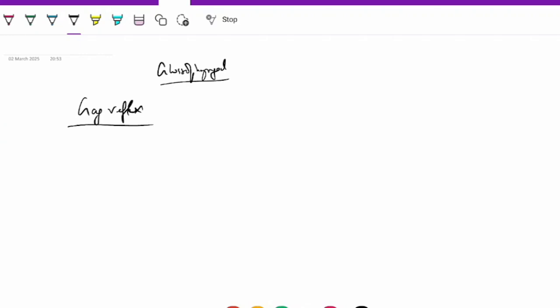Any gag reflex, or for that matter any reflex, involves two things: afferent and efferent. Now what is afferent and efferent? Just remember it like this: any nerve coming towards the brain is known as afferent, and any nerve going away from the brain is known as efferent.